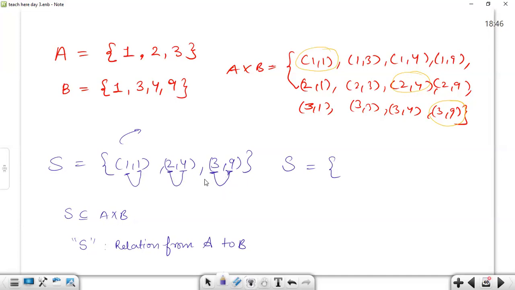There must be some common relation which we can use for all three elements. Here it is getting multiplied 1 time, 2 times, 3 times. There must be something common. Observe. I'm just asking about the relation, how this is related to this. That particular relation must be common in all three elements. That's how we will be able to define it.